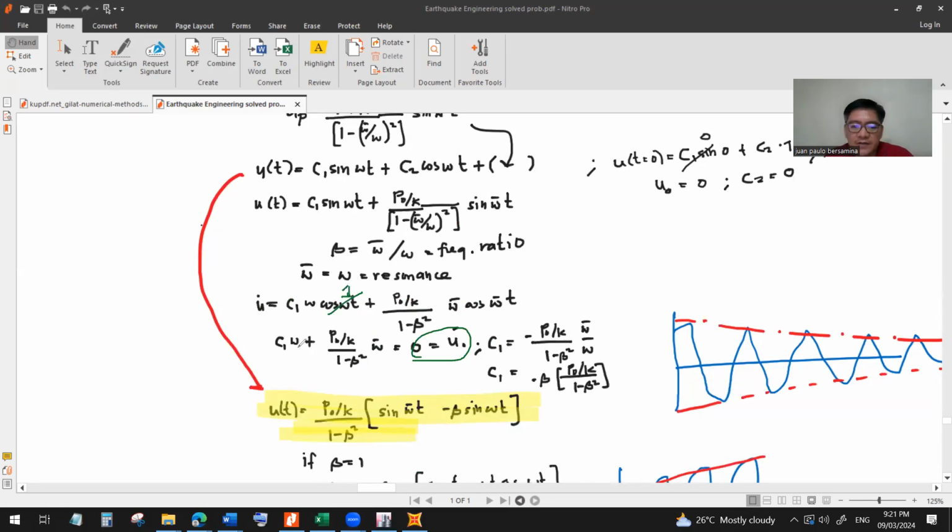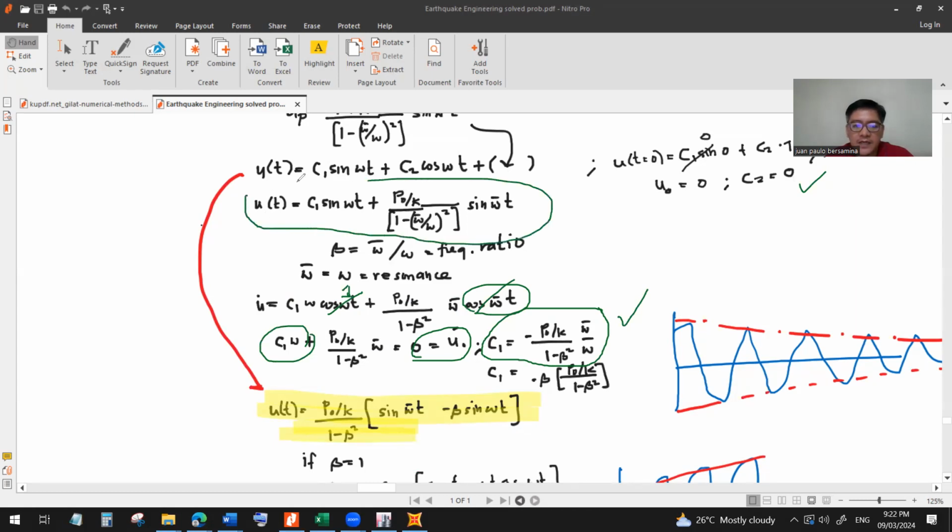At t equals 0. So that's C1 omega. This one is also 1. So you have P sub 0 over K, 1 minus beta square, omega bar equals 0, equals the initial velocity. Therefore, C1 is this. Okay. So you now have C1, you now have C2, plug in to this. Here, you have this.